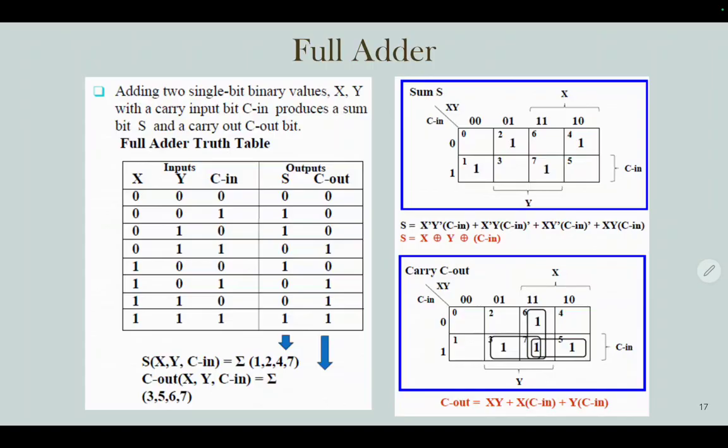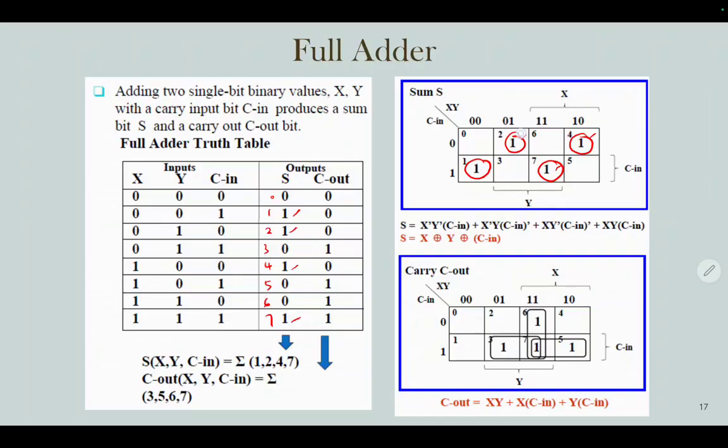So how do you get this equation? If you plot this output for sum, with locations 0, 1, 2, 3, 4, 5, 6, 7, you see 1, 2, 4, 7. You can just read here because you cannot do grouping for these numbers.